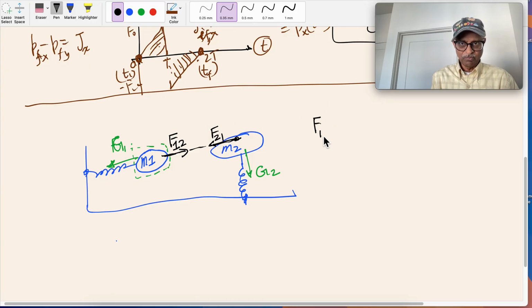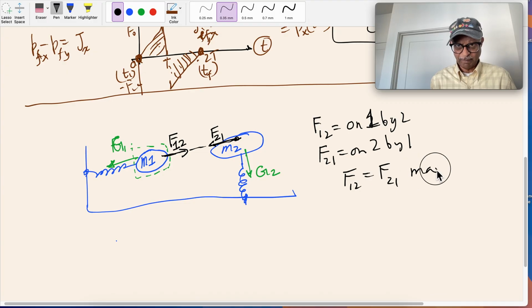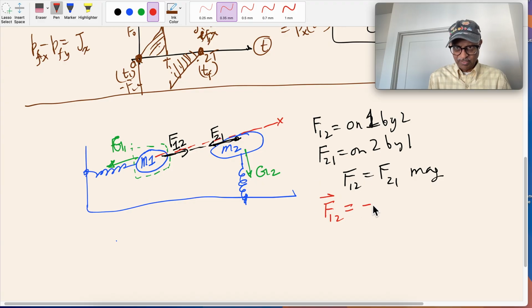F12 is on 1 by 2, and F21 is on 2 by 1, that's my notation. Of course F12 is the same as F21 magnitude-wise, but if this was the x-axis, the F12 vector is the negative of the F21 vector.